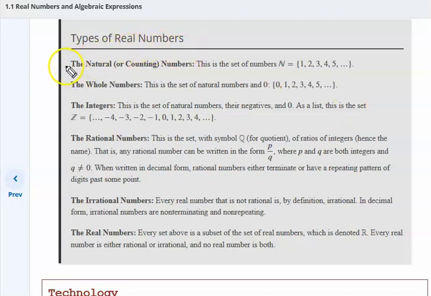To start us off, the first set of numbers in the real number system are the natural or counting numbers, and would include the symbol N equals, and then you're going to use braces and list them, and this three dots is the ellipsis.